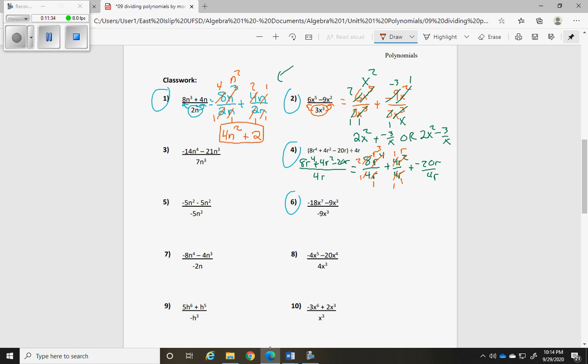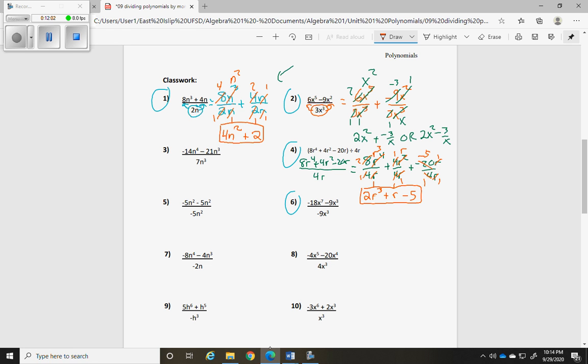And negative 20 over 4 is really negative 5 over 1. And there's an r in common, top and bottom, so I'm left with 1 over 1. So we're left with 2r to the 3rd plus 1r plus a negative 5. Final answer for number 4.